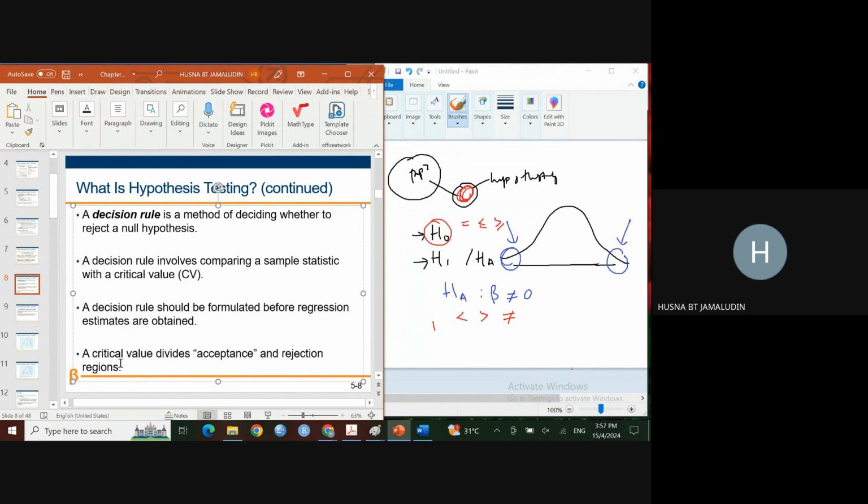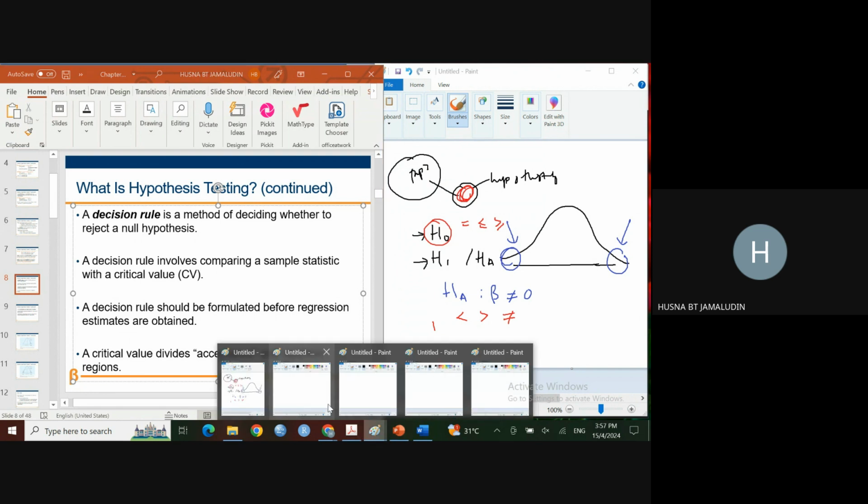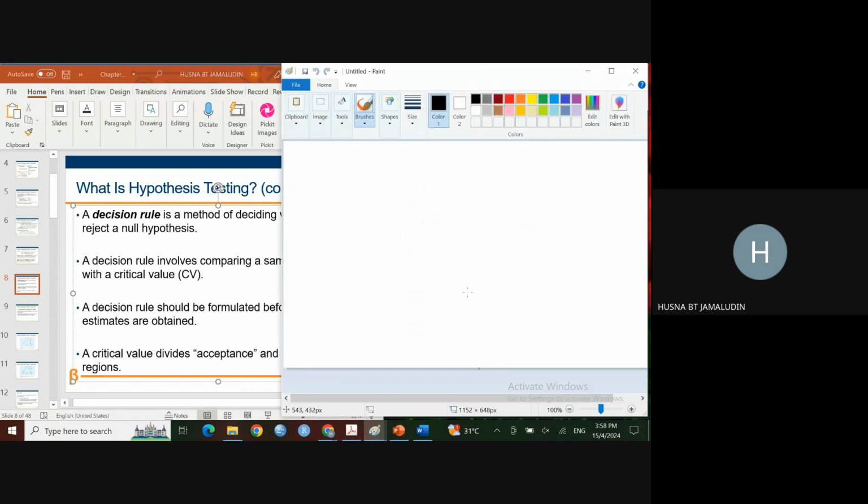Your CV divides the acceptance and rejection regions. I think we already have the diagram. So this is your diagram. The middle is 0. Let's talk about a one-sided, one-tail test.